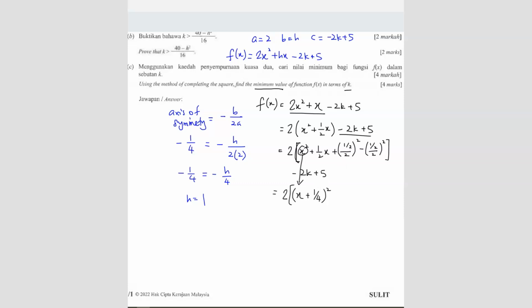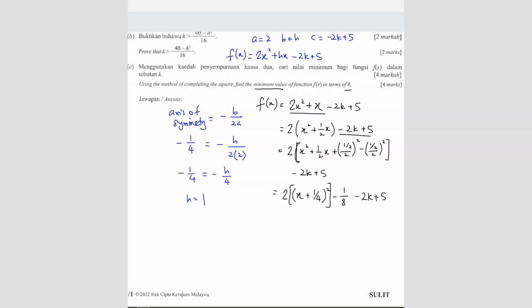That's the shortcut to simplify completing the square. So 1 over 2 over 2 becomes 1 over 4, then you square it, so you get 1 over 16, and then you expand this, you will get 1 over 8, so negative 1 over 8. I hope you know what I'm doing here. This one no more already, minus 2k plus 5.